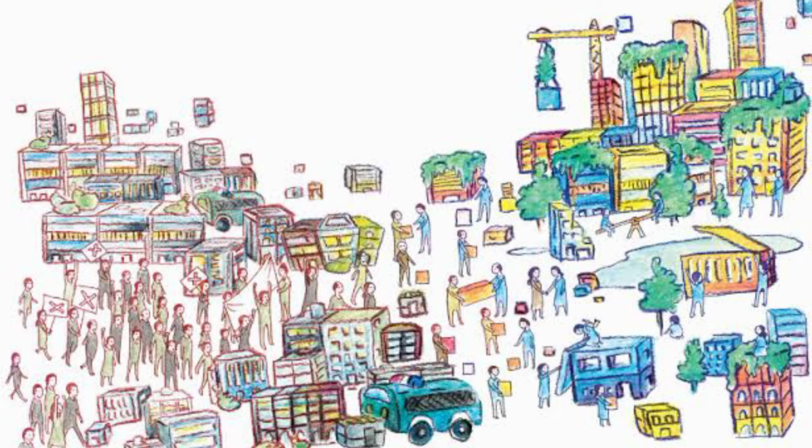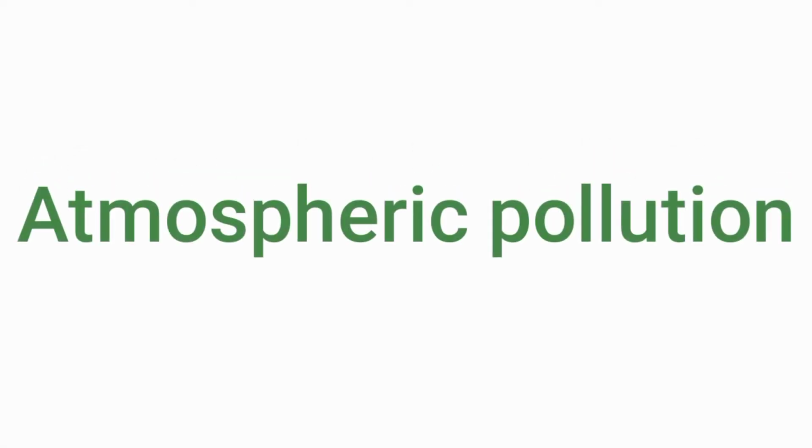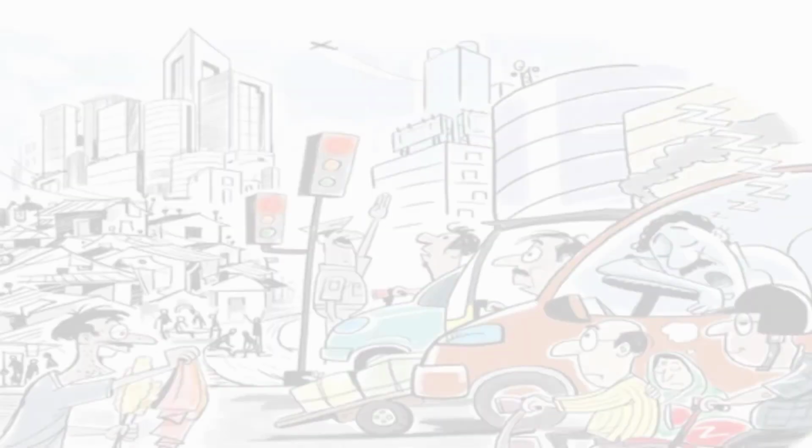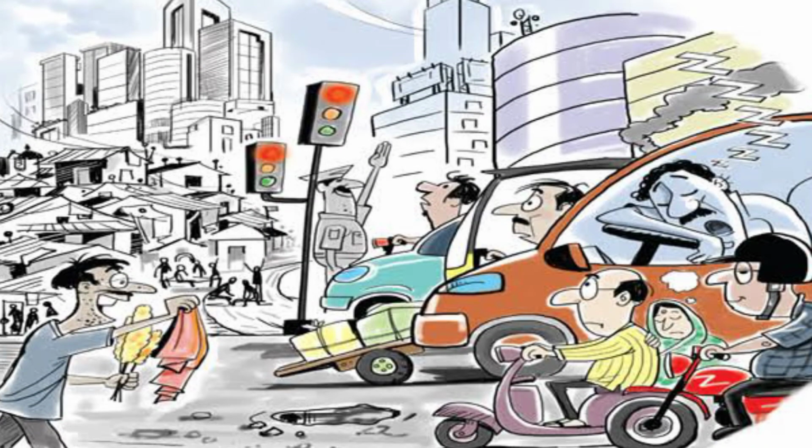Now let us move on. Our next point is atmospheric pollution. With greater burning of fossil fuels like coal, diesel, and petrol, more harmful elements like carbon dioxide, hydrogen sulfide, soot, and dust get into the air. It reduces the availability of clean air.